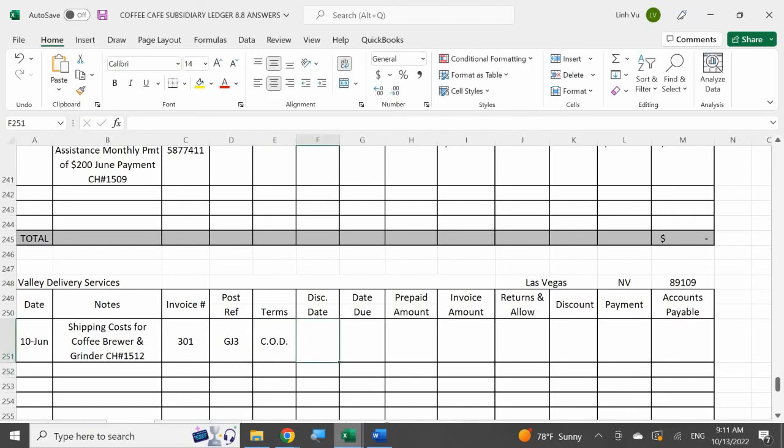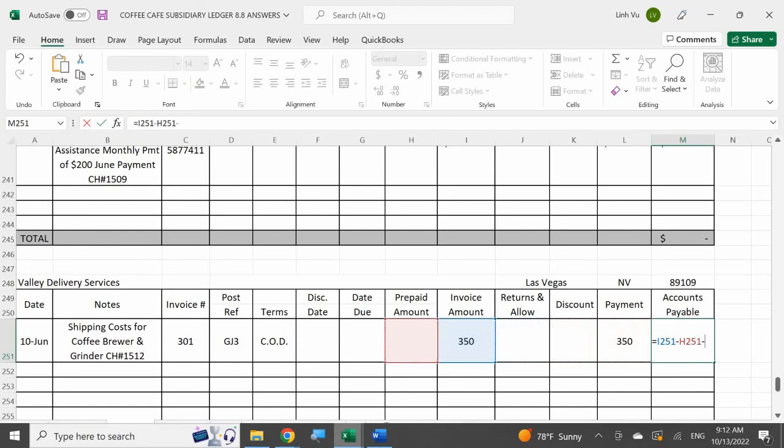Due date, there isn't a due date because it was that day. And the invoice amount was for $350. And of course, we paid with our check 1512 for $350. So we should owe Valley Delivery Services nothing.